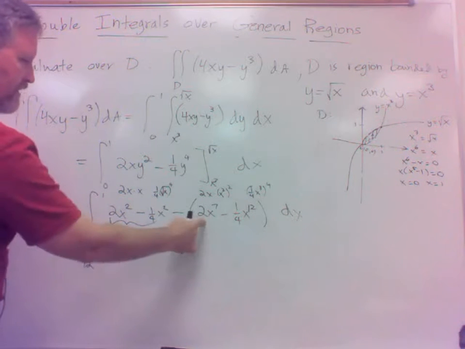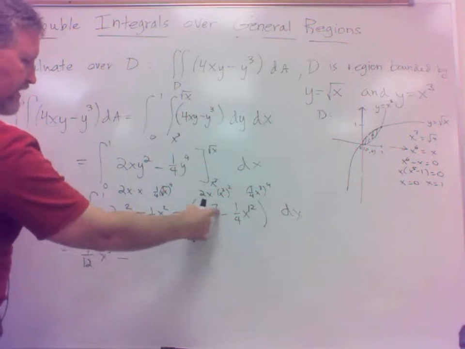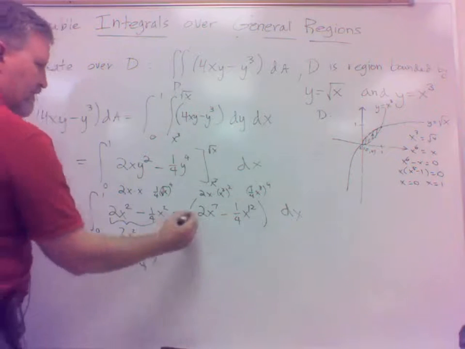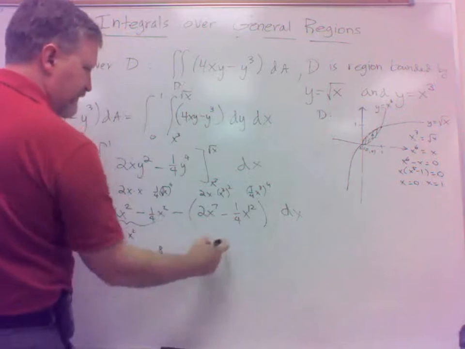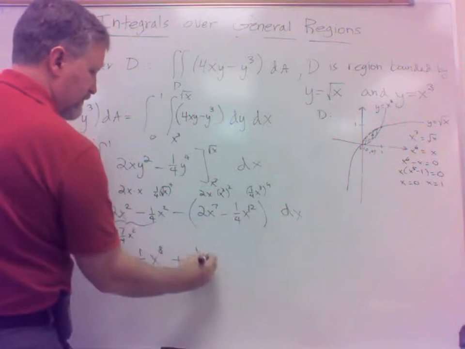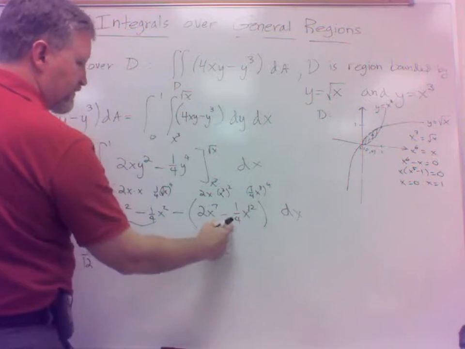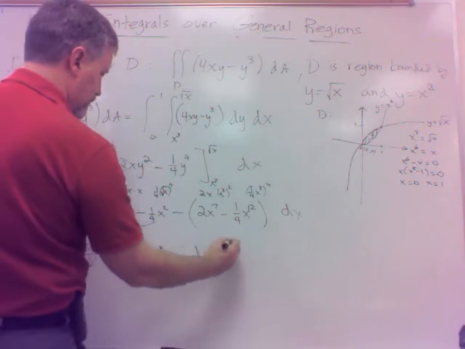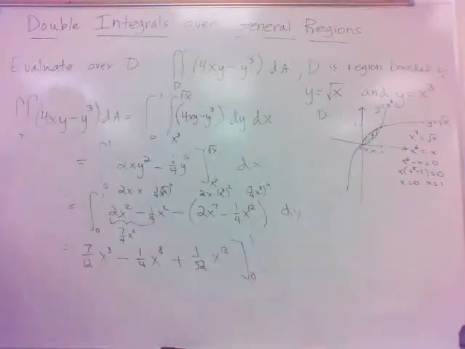And then we have minus, that would be 2/8, so it'd be minus 1/4 x to the 8th. And minus minus makes a plus, so it'd be 1/4, x to the 13th, so I have 4 times 13, is that 52? Does that sound right?